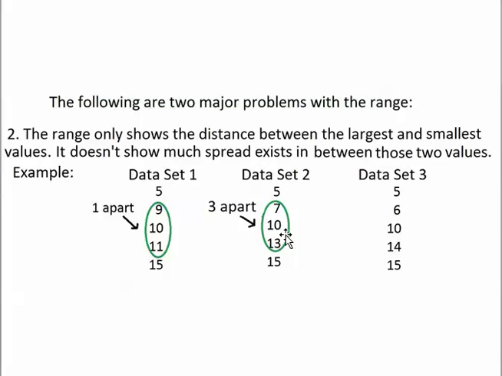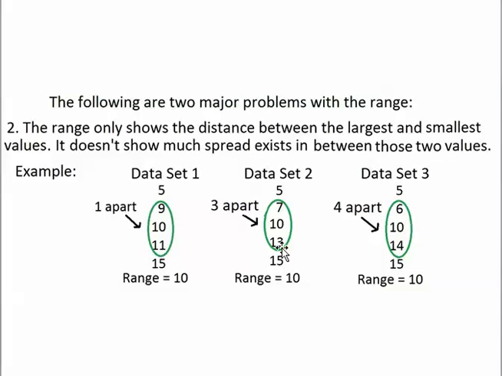Here they're 3 apart. Here they're 4 apart. So the middle values are getting more spread out, but the range isn't going to change, because if the highest is always 15 and the lowest is always 5, the range will be 10 for all 3 data sets.